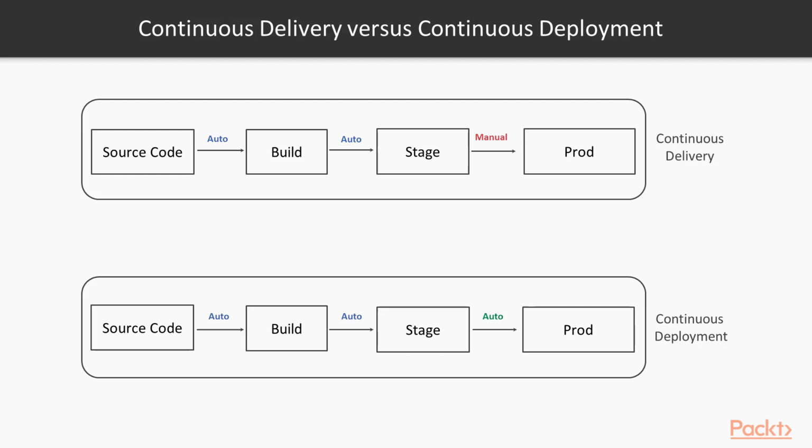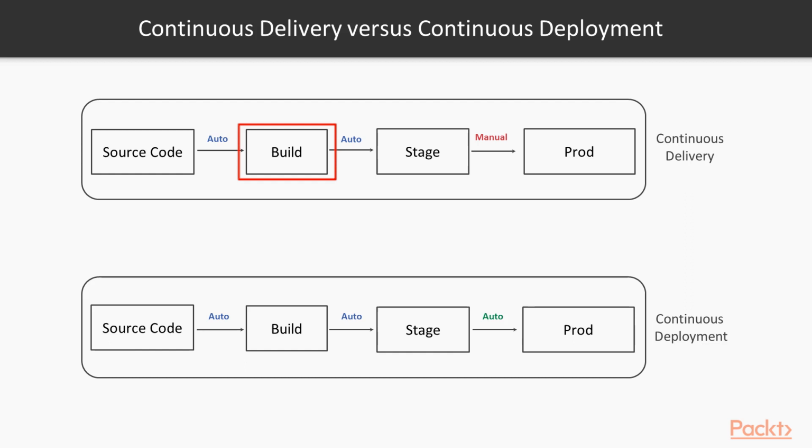Now, one important thing that you need to understand is the difference between continuous delivery and continuous deployment. Let's understand this with an example where you have a source code. The source code is automatically built. So if you have a continuous integration pipeline, as soon as you commit the source code, it goes ahead and automatically builds.